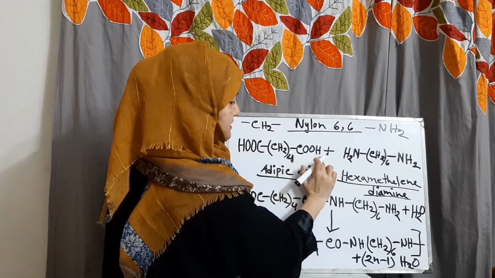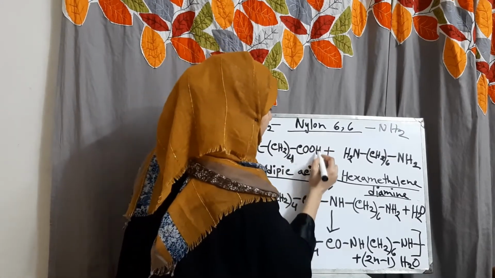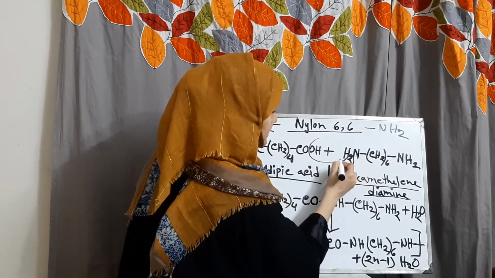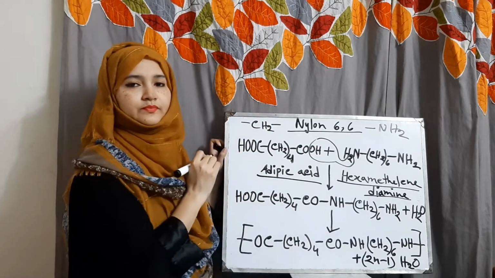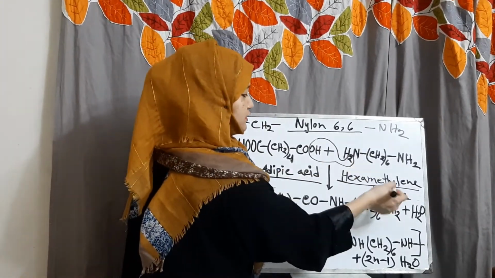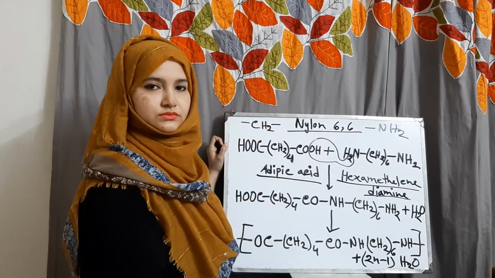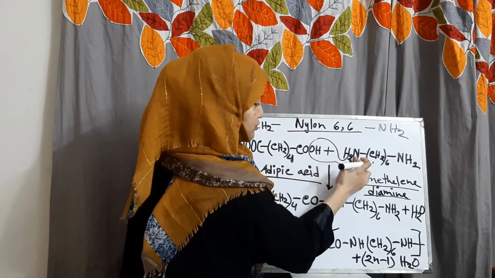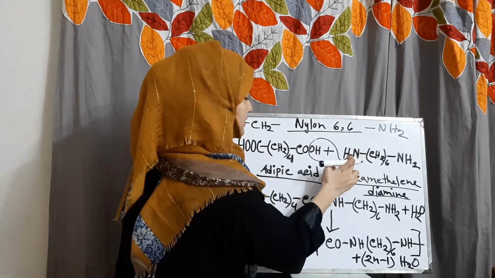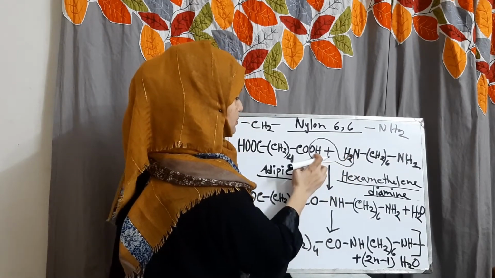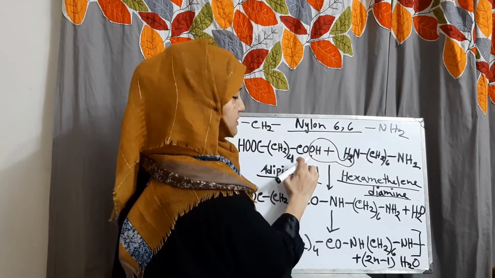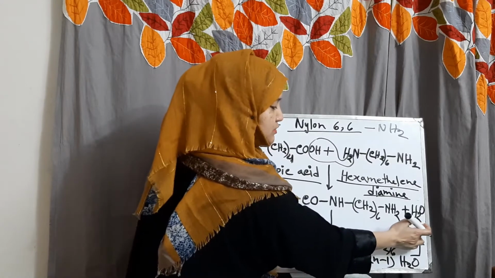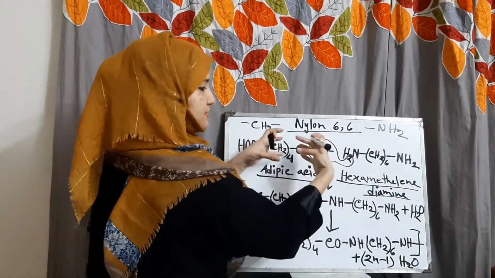From one carboxylic group, the OH, and from this amino group one hydrogen is removed as a water molecule. One hydrogen from the amino group goes with OH from the carboxylic group. Then it is eliminated as a water molecule and they link together.